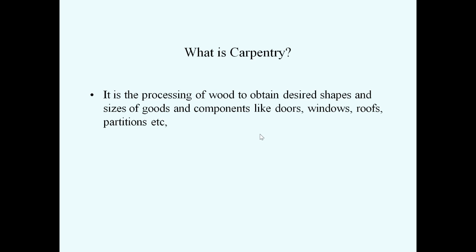So actually, what is carpentry? It is the process of woodwork to obtain desired shapes and sizes of goods and components like doors, windows, roofs, etc. So actually, carpentry is the process of woodwork to obtain the desired shape and sizes to get a desired article or a component.